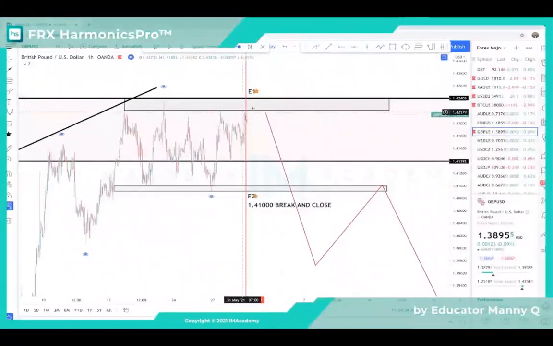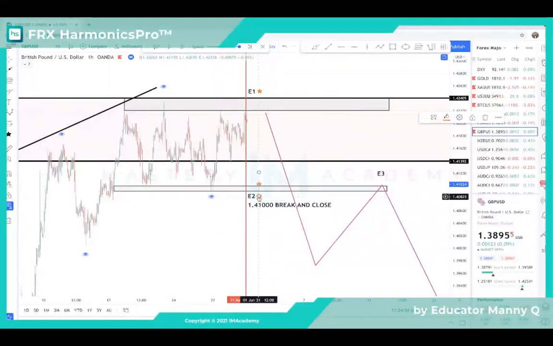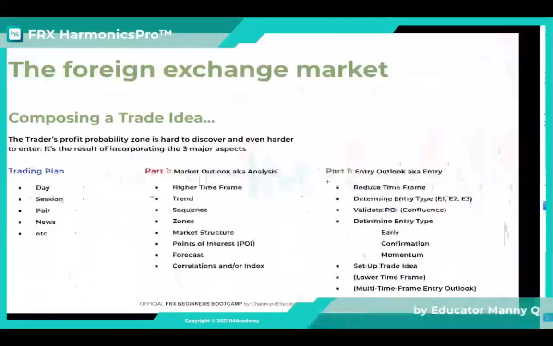Even though the market did not drop yet, the E3 entry point is going to be the retest of the breakout, okay? And the E3 is going to be the potential retest.